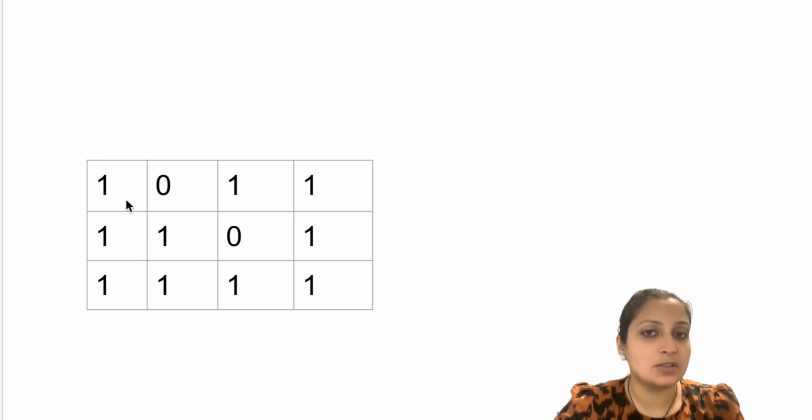So basically, I will check if the value next in the cell is 1, which is not the case here, it's 0. If the value in the bottom cell just below this cell is 1, which is yes, it's 1. And if the value in the diagonal cell is 1, which it is. I would check if all three are ones. If all these three neighbors are ones, then I would be sure that at least a square of area 4, that is 2 by 2 size, is possible filled with just ones, which is not the case here.